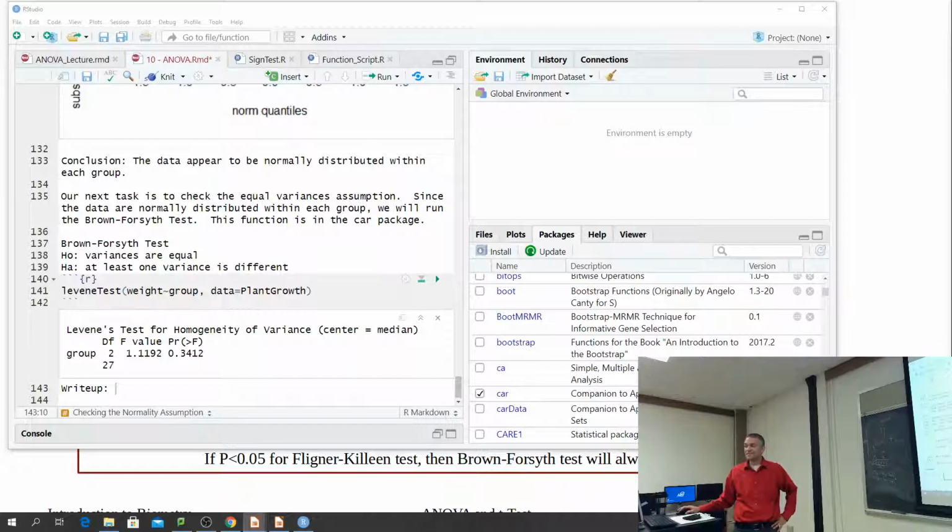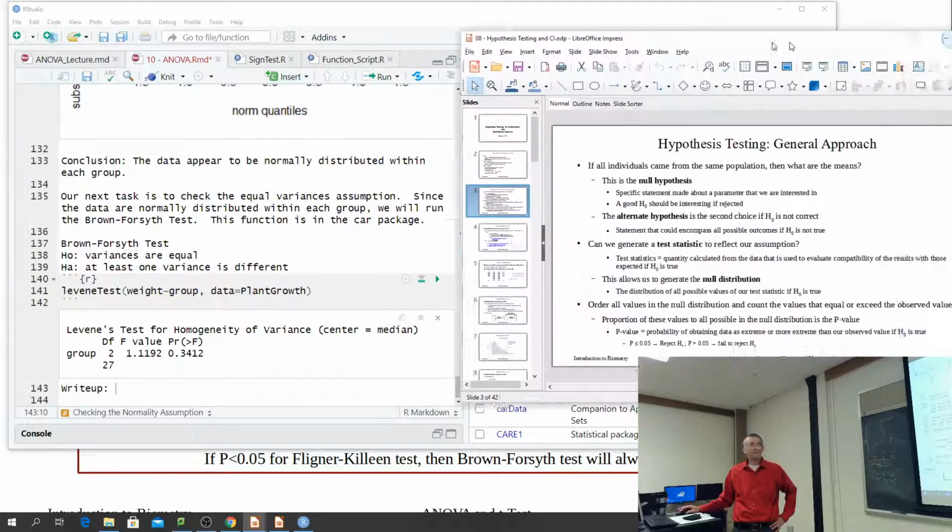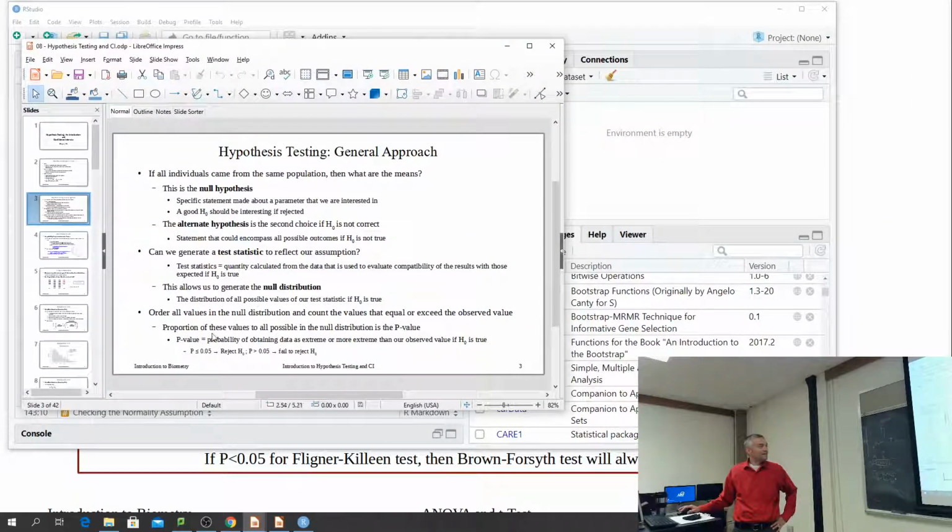Did you get it? Find it? Isn't it just the probability of getting that data from random chance? Yeah, due to random chance, and it's the area under the curve.